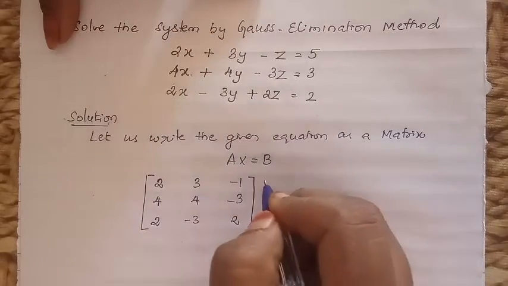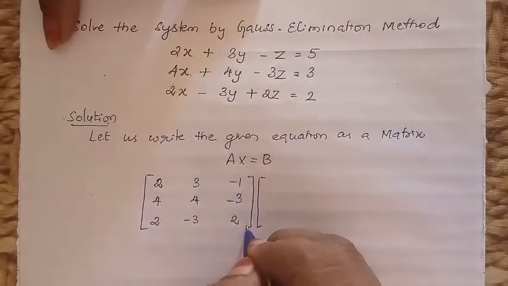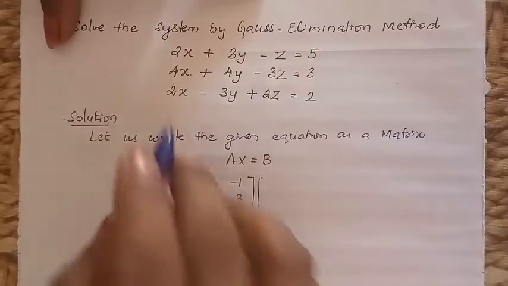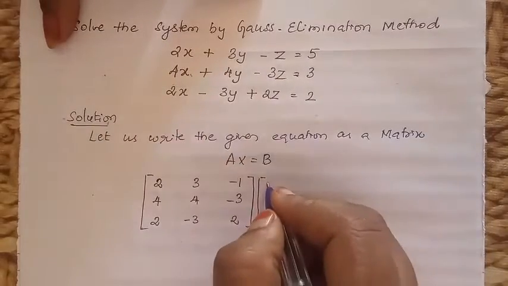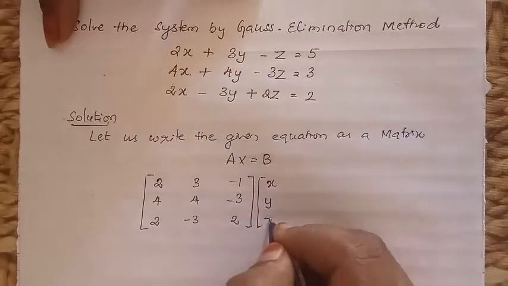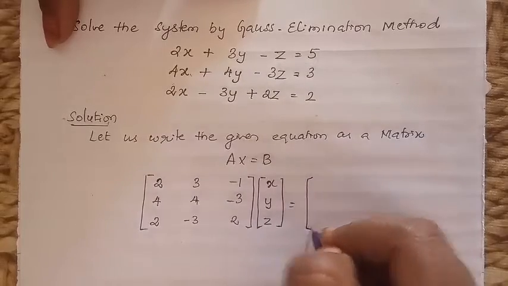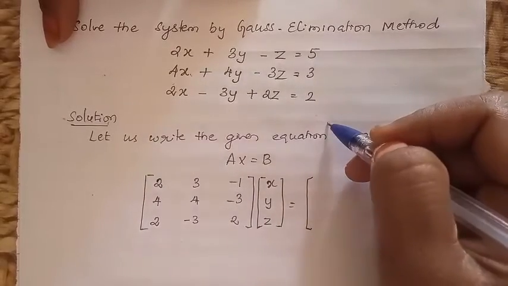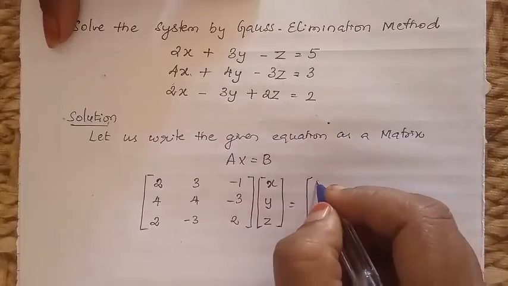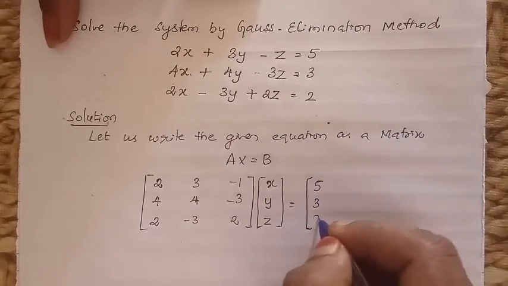So this is matrix A, and next is the variable matrix. Variable means we have x, y and z here, and b is the constant matrix, which is the values on the right hand side after the equal to symbol. It is 5, 3 and 2.